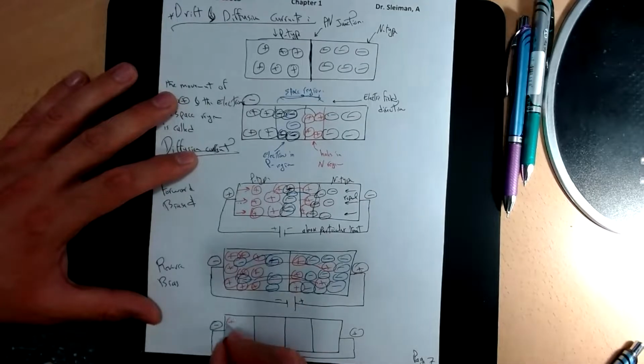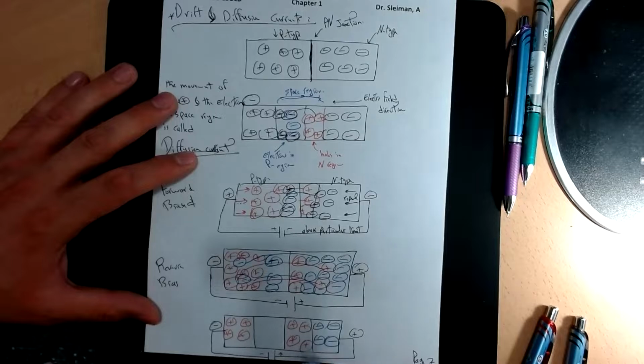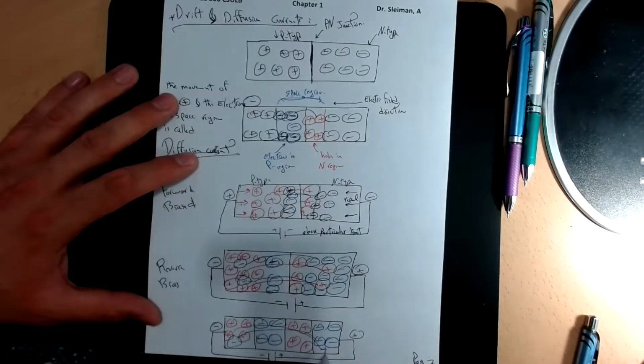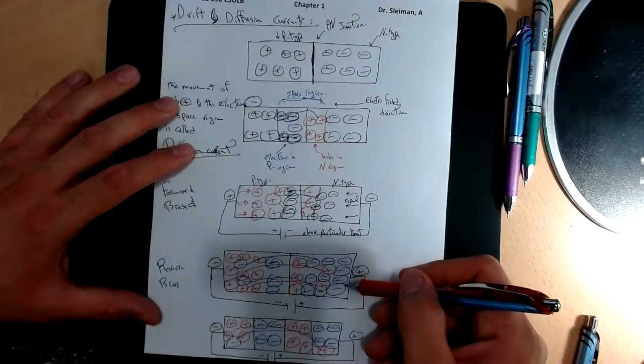We'll have a positive here attracted to the negative, and also positive here, negative here, attracted to the positive, but we have some negative jumping into here, and some positive also jumping into here, but not as much as the reverse bias.